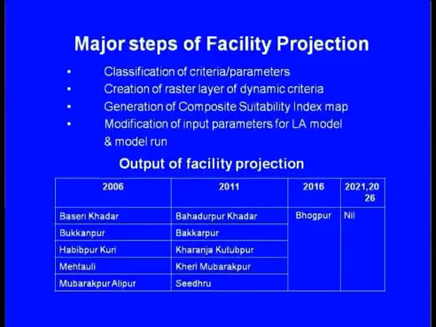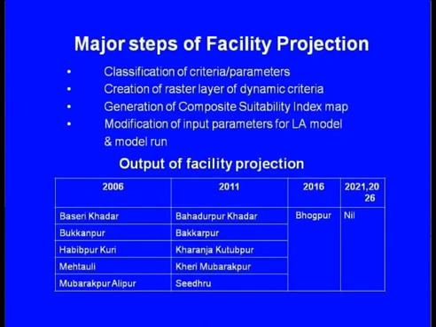So, what we find is that up to the year 2006, we require about 5 schools, by 2011 another 5 schools have to be built, and by 2016 only 1 school needs to be brought up in this particular area.